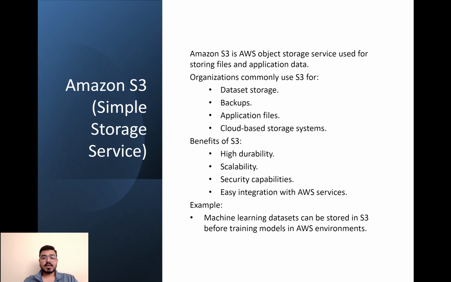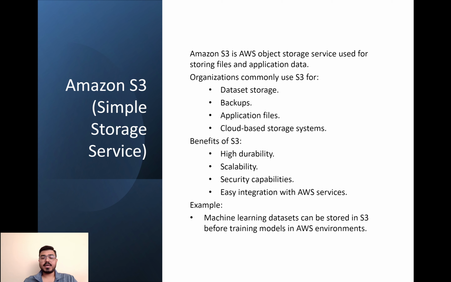Now let's discuss Amazon S3. Amazon S3 stands for Simple Storage Service. It is an AWS object storage service used for storing files and application data. Cloud storage has become extremely important because organizations generate large amounts of information every day. Amazon S3 helps organizations store and manage this information efficiently.